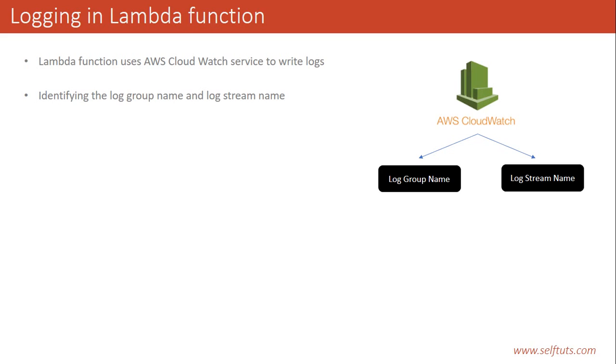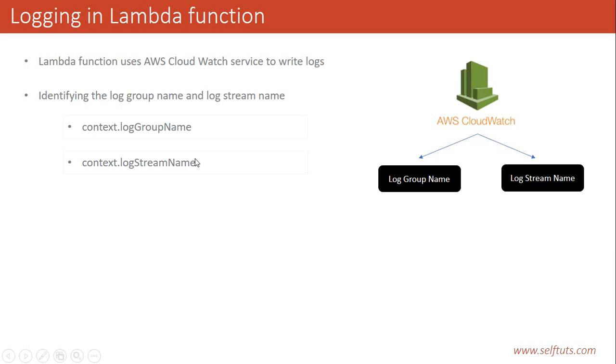Inside our Lambda function, if we want to know where my logs are getting printed, then we can identify the log group and the log stream name. In my previous videos, we have seen the context object inside the handler function. You can easily get the log group name by getting the value context.logGroupName. In the same way, if you want to know my log stream, where my logs are getting printed, you can console.log context.logStreamName. These two variables are present inside the context object of the handler function.